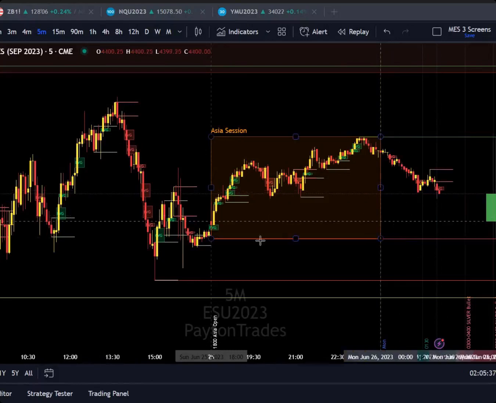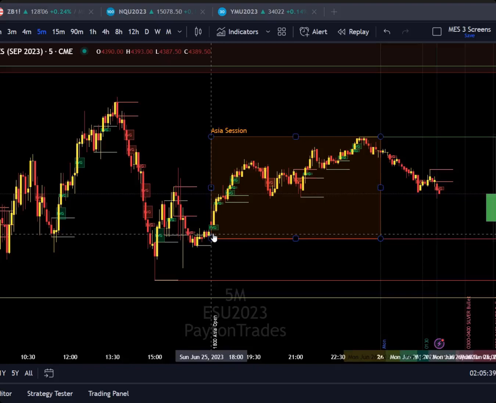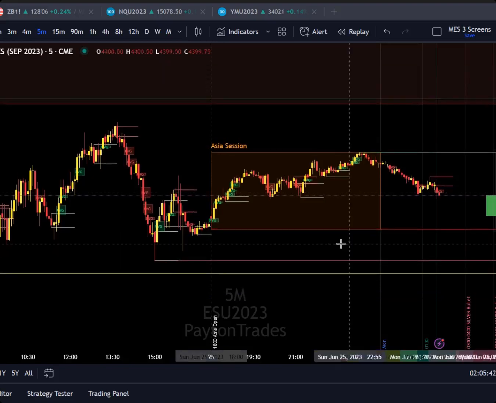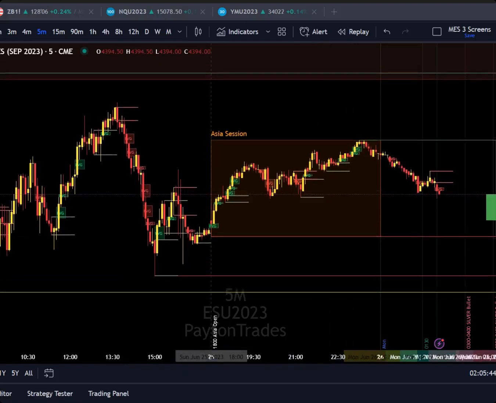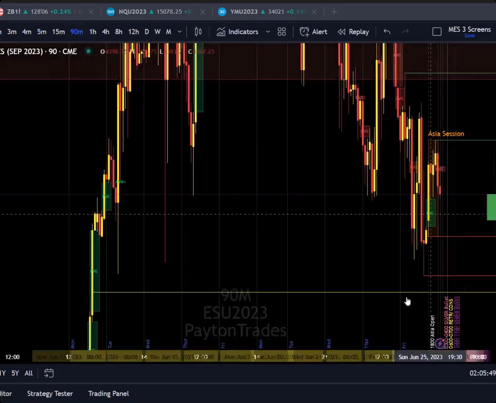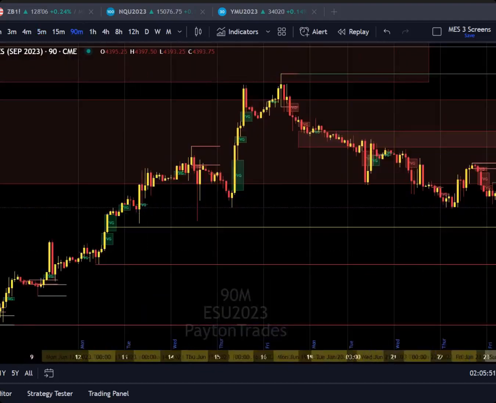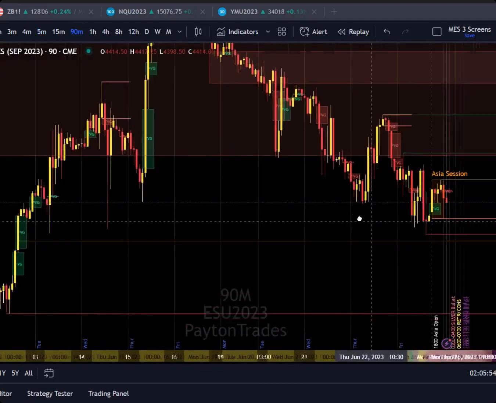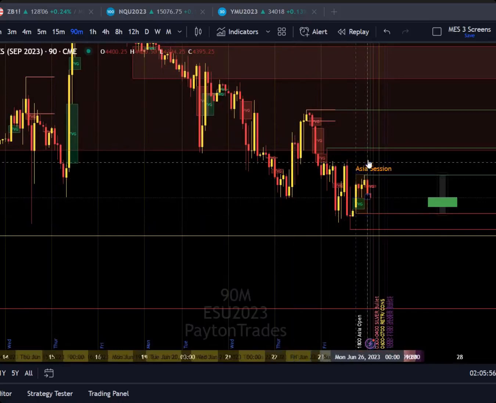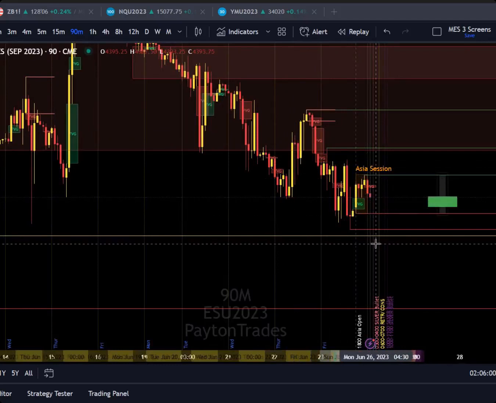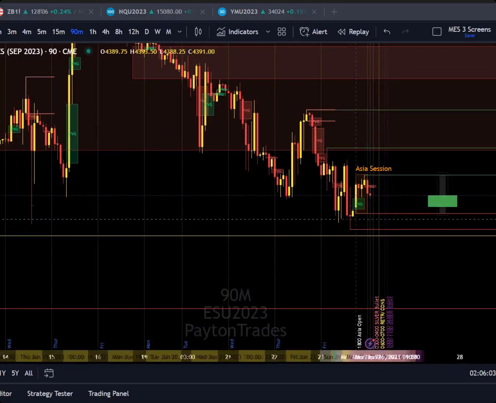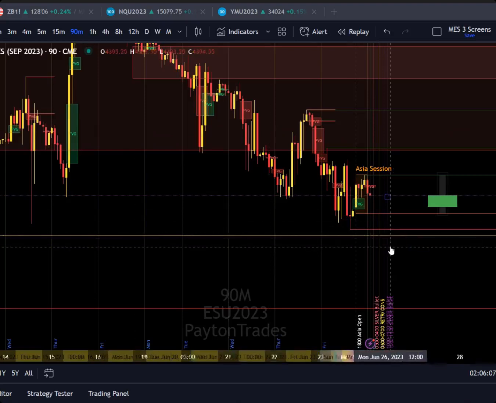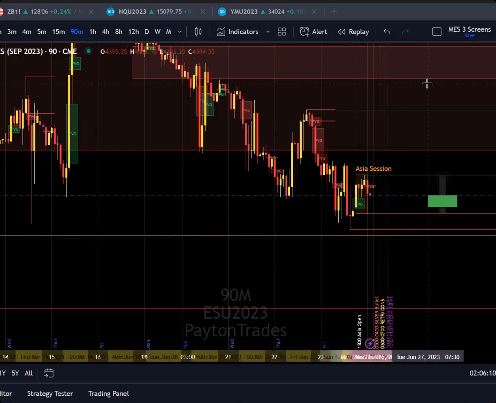So far, yesterday I had said in the video for the setup for the week that it looks like price wants to go up slightly. If you recall, let's go to the 90-minute. And it was showing me that price wanted to go up slightly, which is a retrace, to come down to equilibrium into this green box, which is an imbalance or fair value gap, to go back up into this red box.